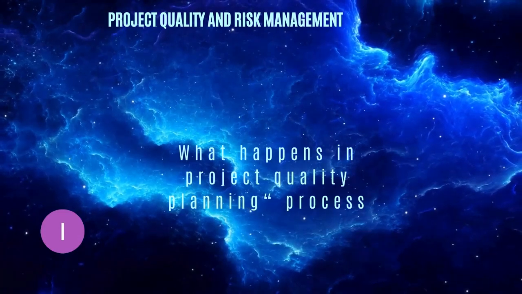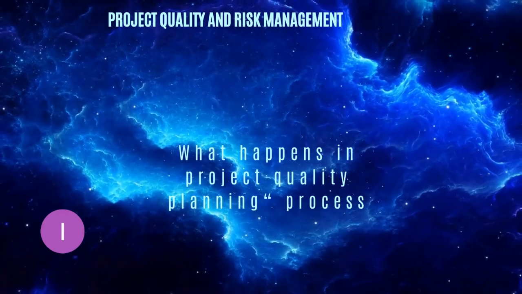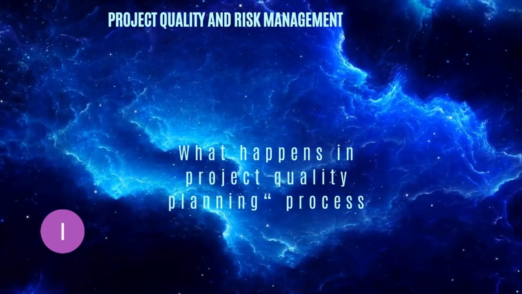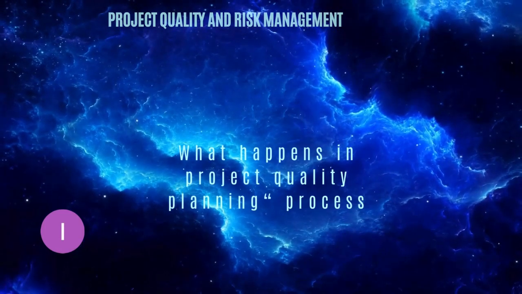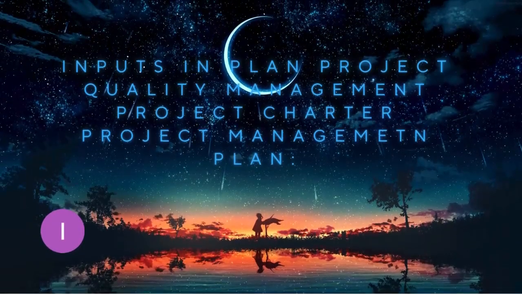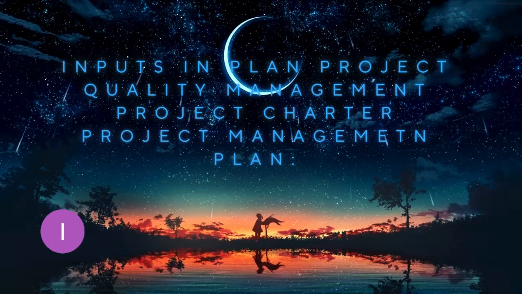We will also be talking about the tools and inputs which are engaged in the project quality management process planning. So if we are planning, we make sure that we are developing a structured approach for meeting the stakeholder or the customer requirements, what the customers are needing in our projects.